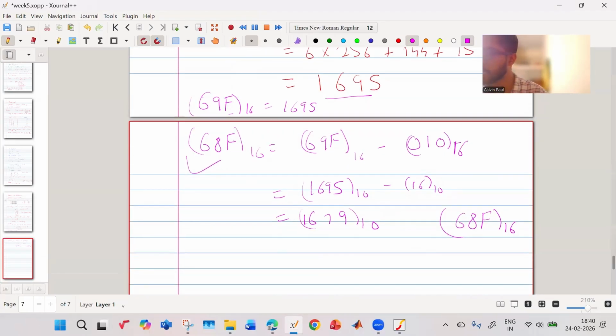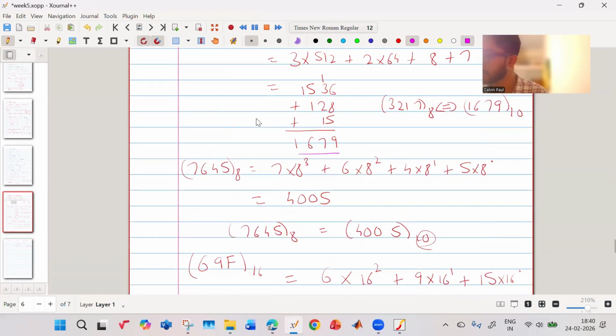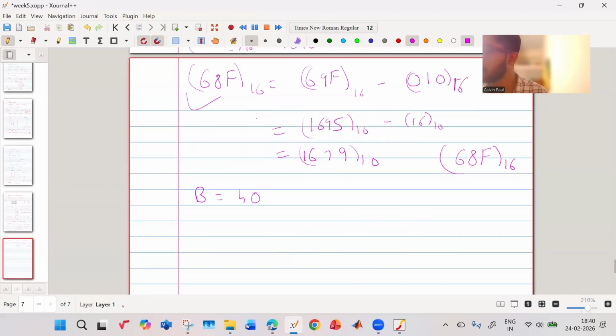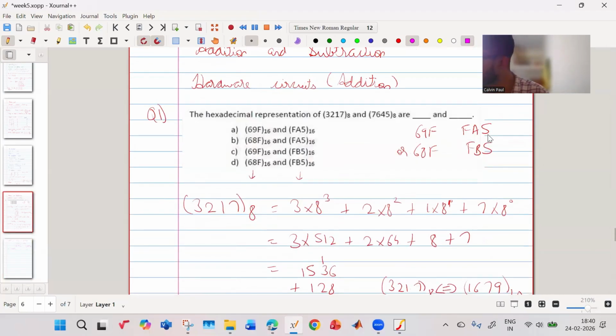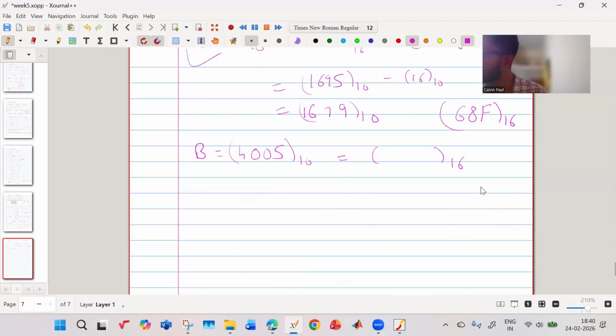Now you have to go for the next case. In the next case, you have 4005 in base 10. You have to convert it into hexadecimal. The options you are given are FA5 and FB5.